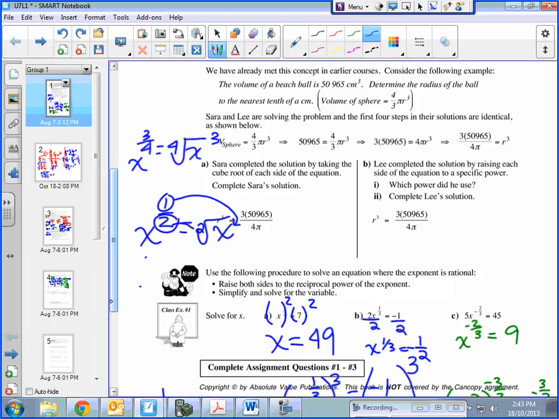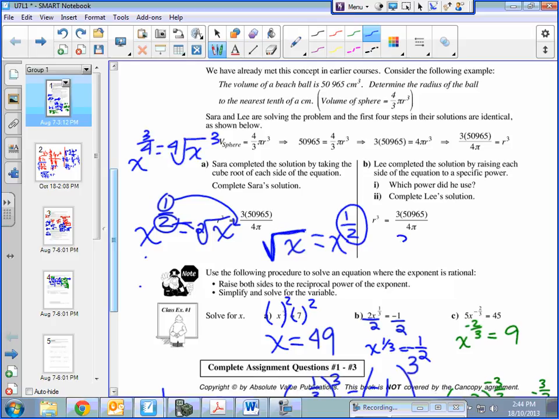The square root of x is equal to x to the 1/2. So it's 3 to the 1 over 2. Every time you have a square root, your index is 1/2.